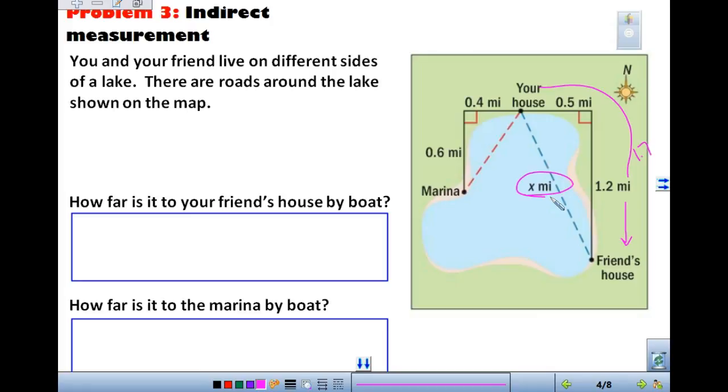Ellen, start us out. What am I going to do to find x? A squared plus b squared equals c squared. Okay, and then tell me what you are going to fill in first. 1.2 squared plus 0.5 squared. Take those calculators out and start putting them in. You can put both those in at the same time if you'd like, and get your one answer here for c squared.